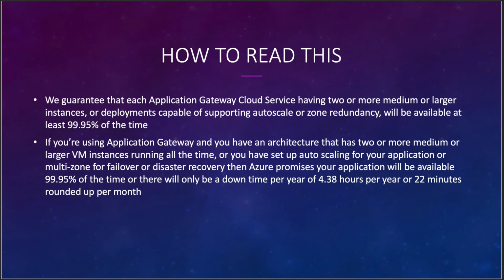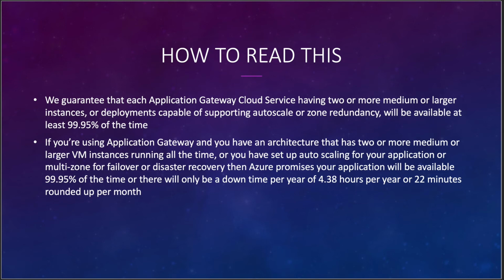And if you can't manage to have downtime of 22 minutes per month, then you're going to want to architect around that. And that's the big thing with these SLAs for your architects and your developers: understand that this is the guarantee, but this is what it means. And you have to meet certain criteria for them to actually meet this SLA.